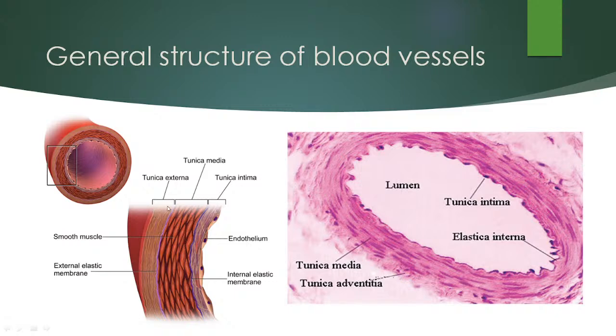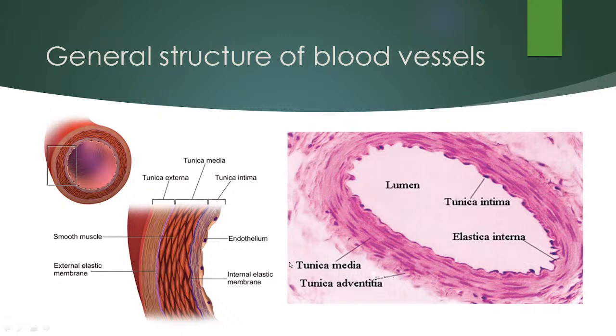And the outer tunica is Tunica Adventitia, which consists of loose connective tissue with blood vessels and nerves. You can see between Tunica Adventitia and Tunica Media the external elastic lamina, which we can find in large arteries only.